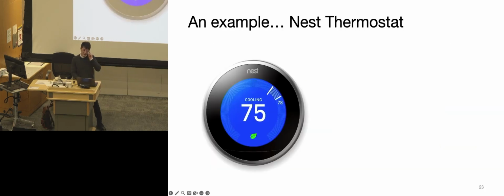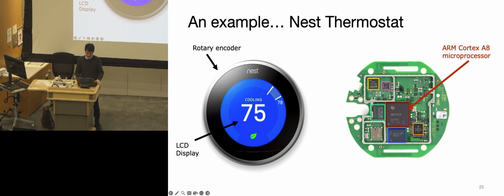A quick example here is the Google Nest thermostat. What do you think is included inside of this one device or one module? So we have obviously the LCD display for displaying things like temperature, etc. And then we have a rotary encoder, kind of like an input system. And inside of the chip, we have a bunch of stuff here.